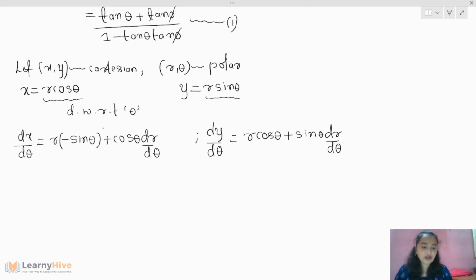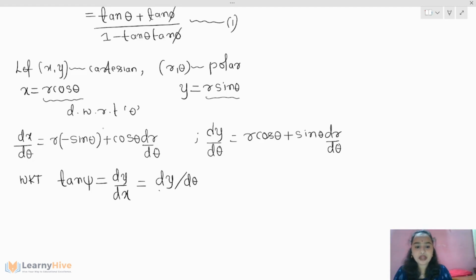Okay, so now we are going to consider one of our previously known formulas, that is the slope of the tangent, tan psi equals dy by dx. For this dy by dx, we can apply the chain rule as dy by d theta divided by dx by d theta.